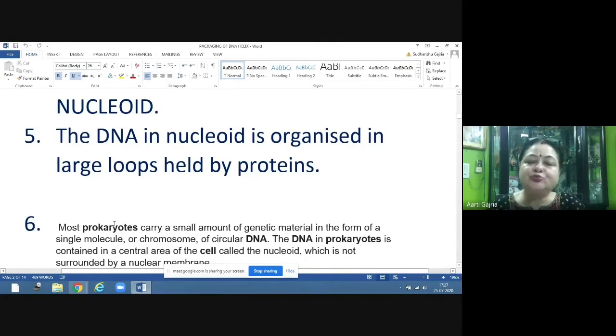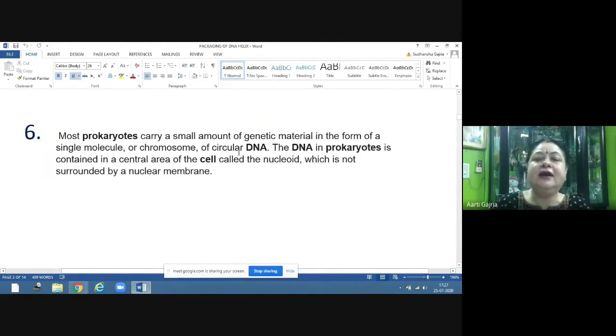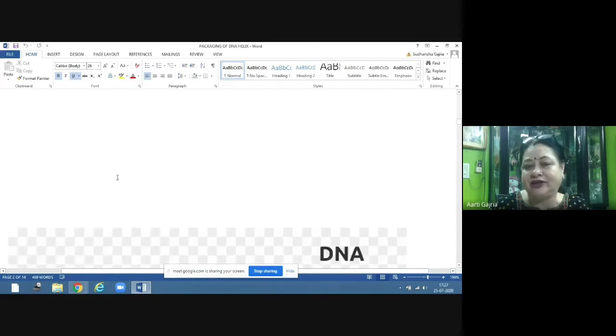Most prokaryotes carry a small amount of genetic material in the form of a single molecule or chromosome of circular DNA. The DNA in prokaryotes is contained in the central area of the cell, called the nucleoid, which is not surrounded by a nuclear membrane, because this is a prokaryotic cell.